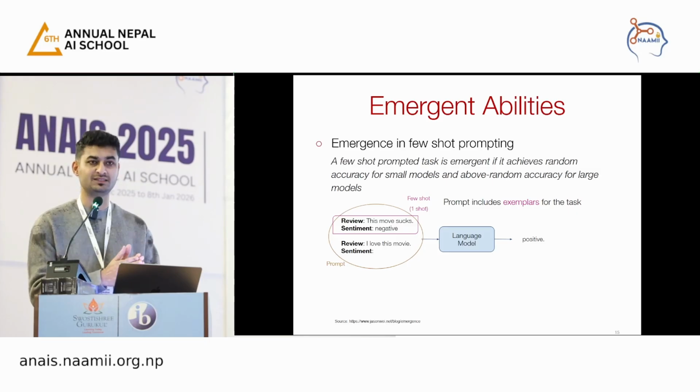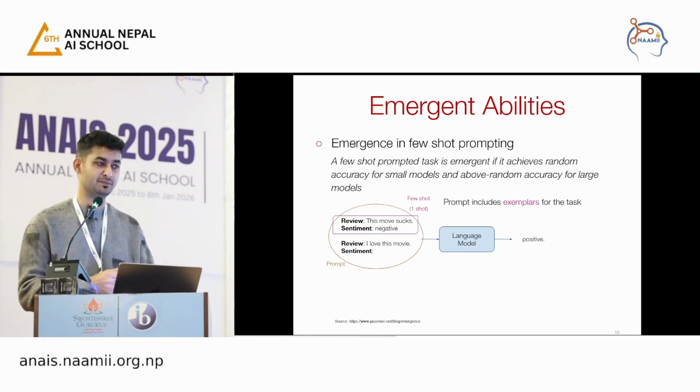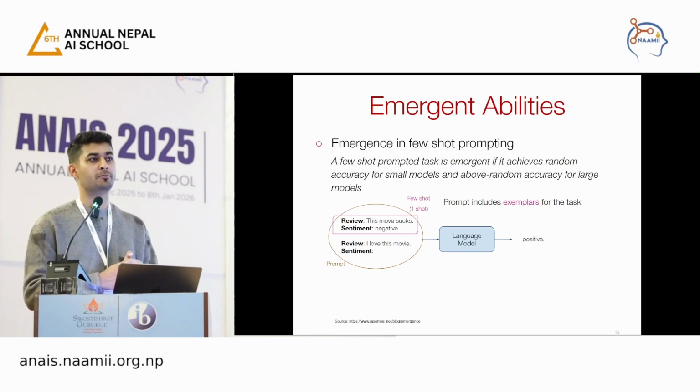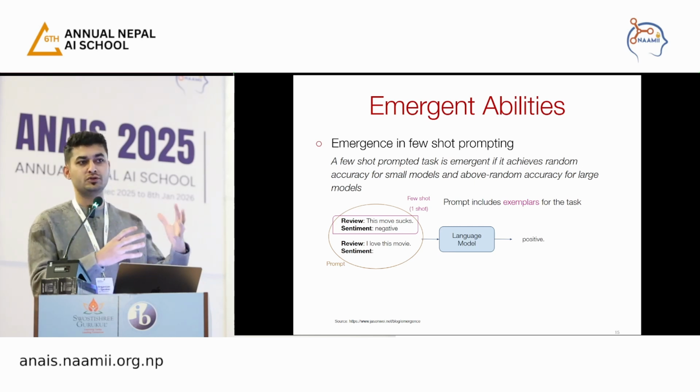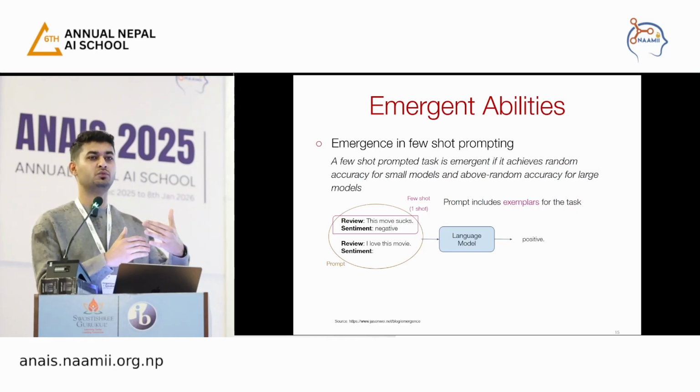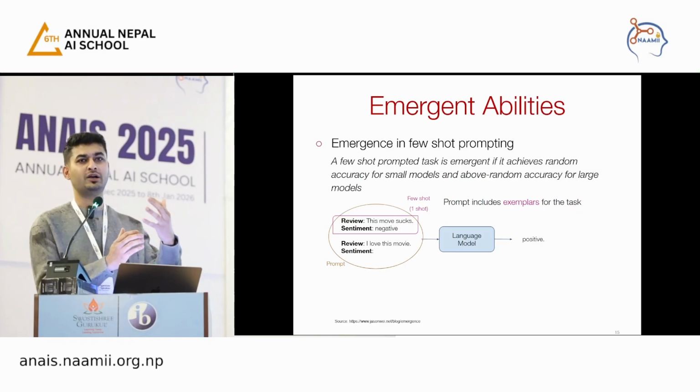But on large models, if you give some examples in the prompt, it can predict the answer for an unknown case. This is a toy example of sentiment analysis, but you could also say that with a group of friends I have such and such a situation, and for this situation this is what happened, so what should be done for a new situation? Those cases are also examples of few-shot prompting. You get performance better than random in large models, but not in small models.